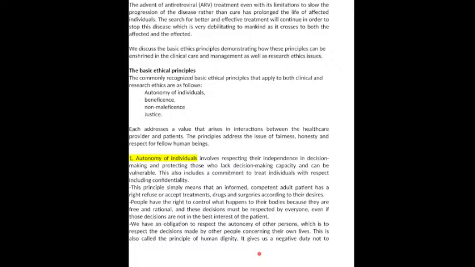Now, this one involves respecting the independence in decision making and protecting those who lack decision making capacity and can be vulnerable. This also includes a commitment to treat individuals with respect, to include confidentiality.